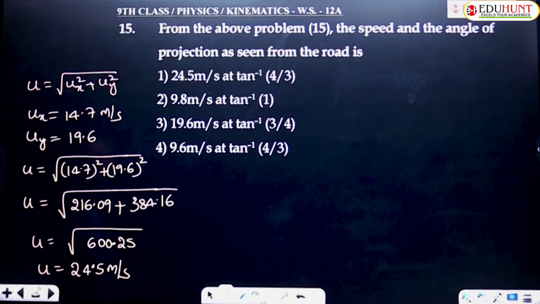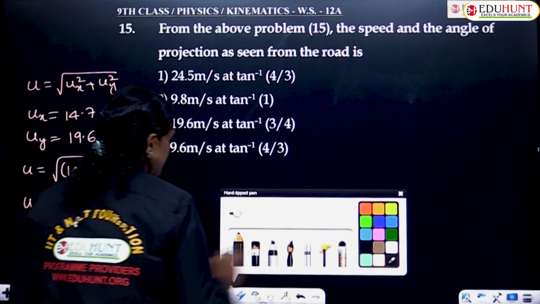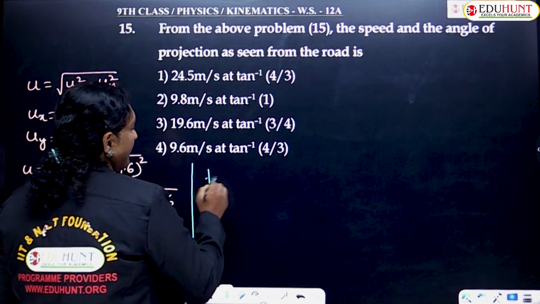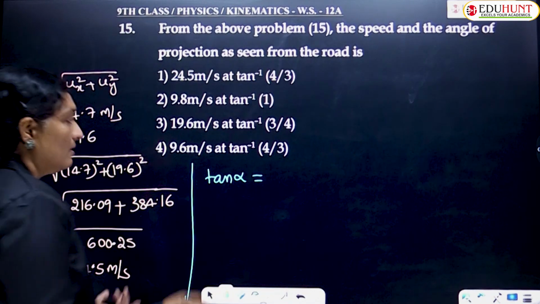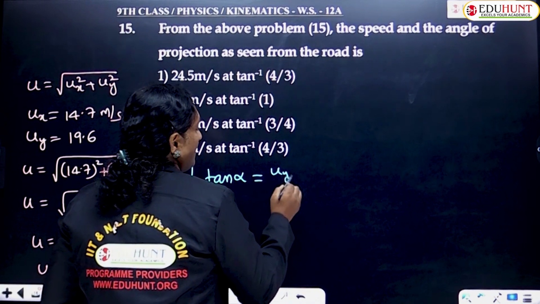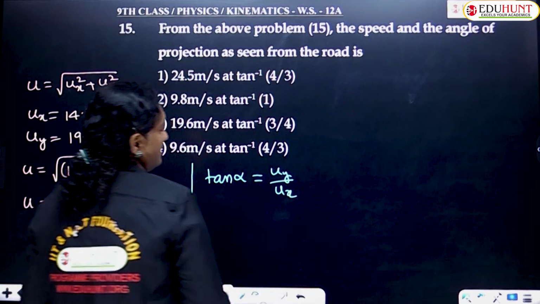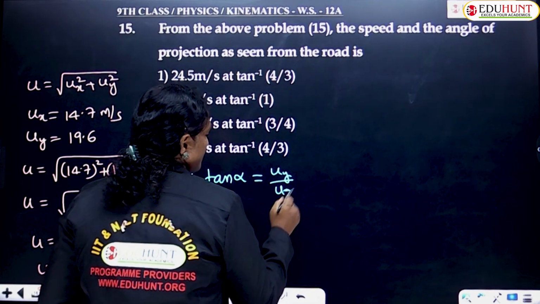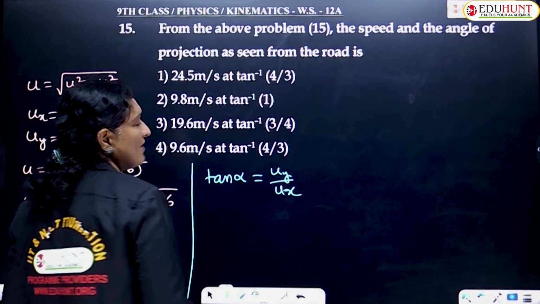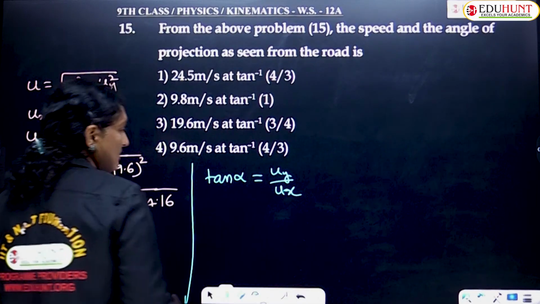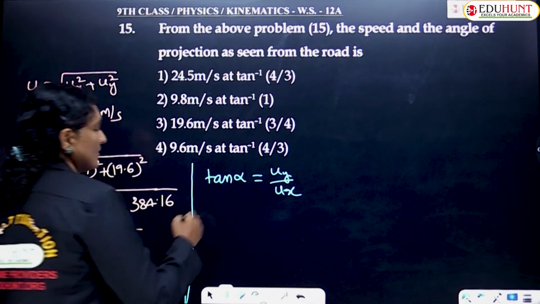You are also asked to find out the angle of projection. To find the angle of projection, we need to find out tan alpha. During the time of projection it is vertical velocity upon horizontal velocity. If it is after some time, the formula will become Vy by Vx, but at the time of projection it will be Uy by Ux.